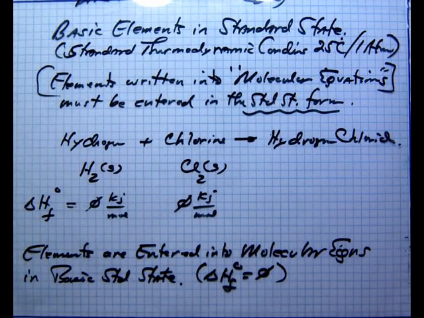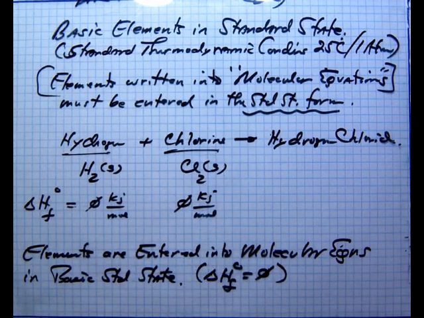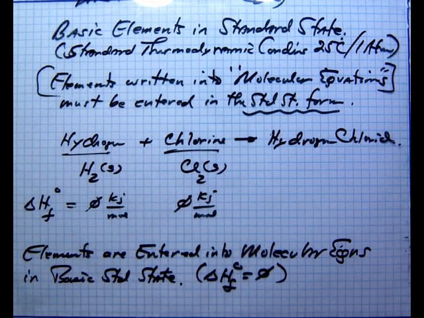So that's very useful. So in the essence of writing a substance into a chemical equation, elements are always entered in basic standard state. And so now, hopefully, you have a picture of, well, if I have a verbal equation and I need to write in the elements, I'll go to the table and look up that element, and if it has 0 out there, that's the form I use.